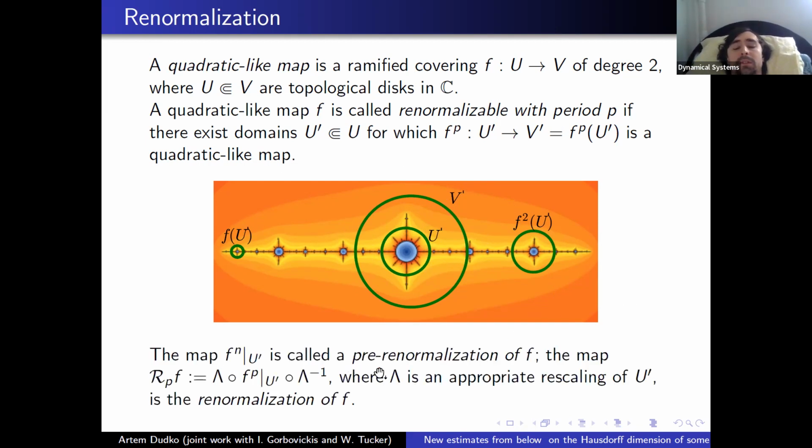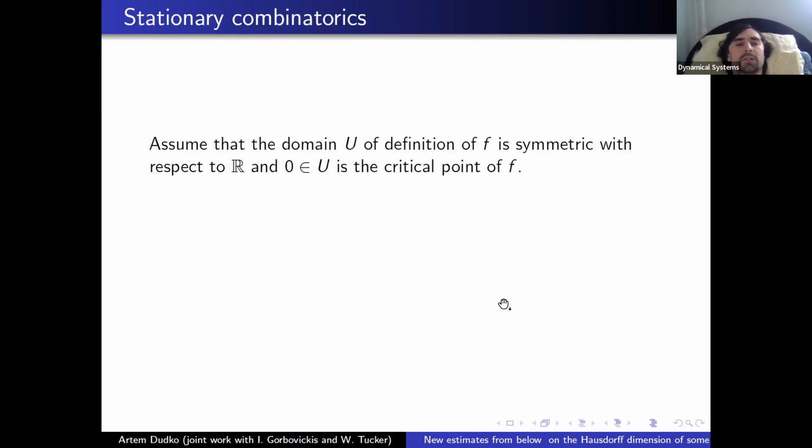And the corresponding restriction is called pre-renormalization, and appropriately rescaled pre-renormalized map is called renormalization of F. So this is a brief recall.